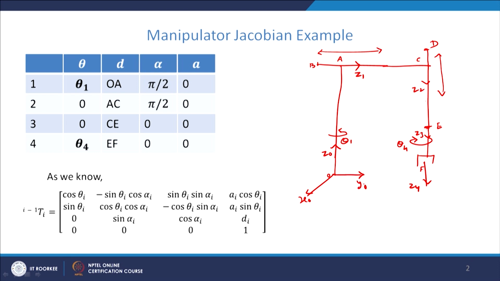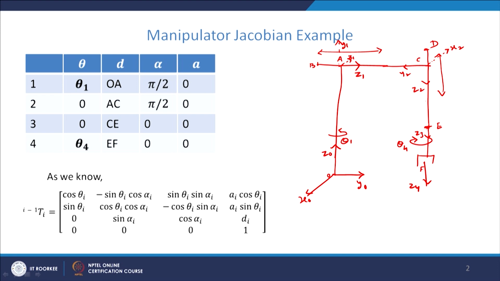X0, Y0 axes, and then the axes are fixed as the perpendicular direction to Z0 and Z1 is the X direction, X1, and Y1 is the vertical direction, and similarly the X2 axis is parallel to the X1 axis and the Y2 axis is in this direction.